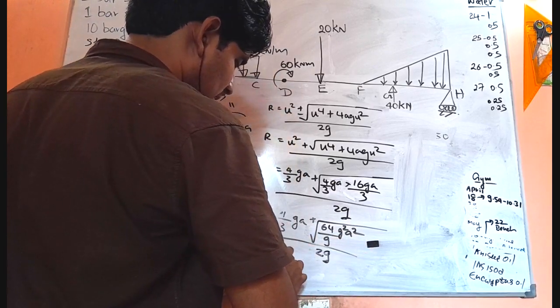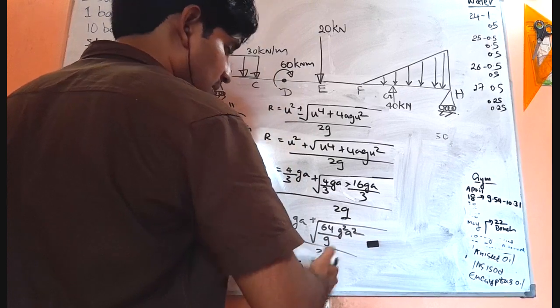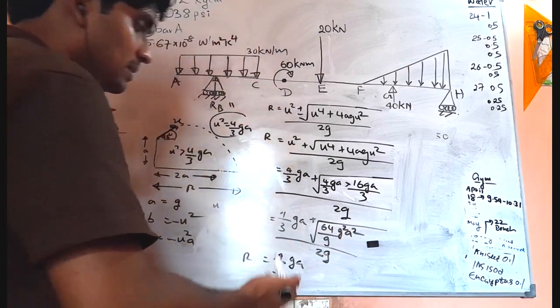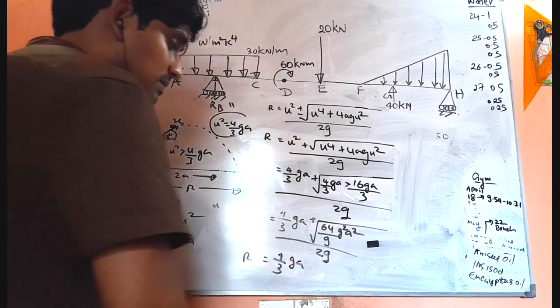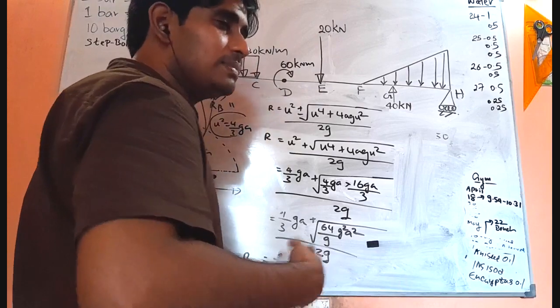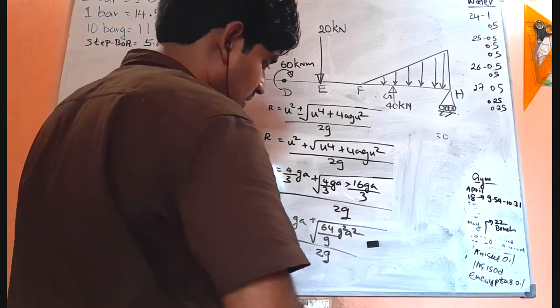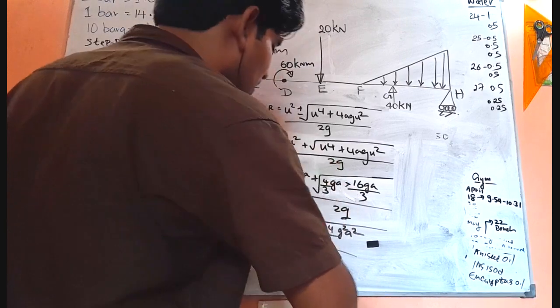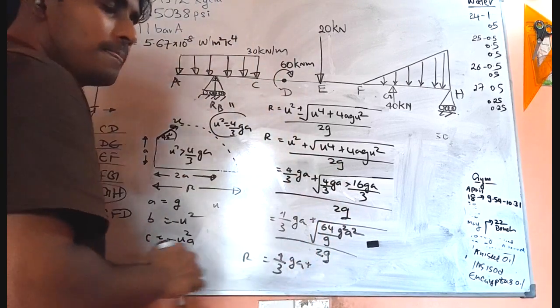So 4 by 3 ga. What will be the square root of 64? 8 squared is 64. You know those things, but I am telling those simple steps also. Square root of 64 will be 8. Now be very careful here: you are going to consider the positive answer only.